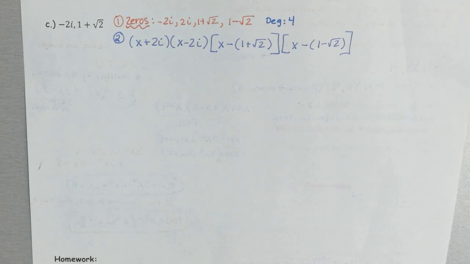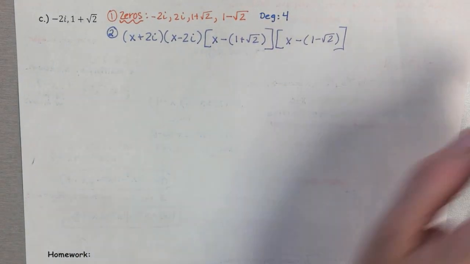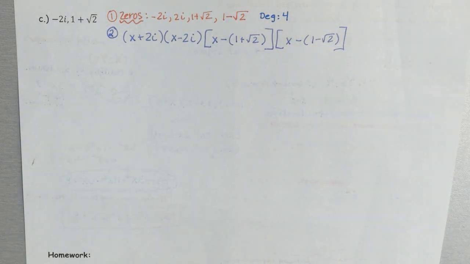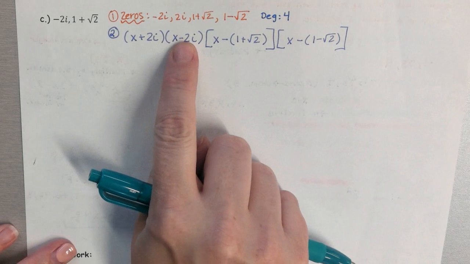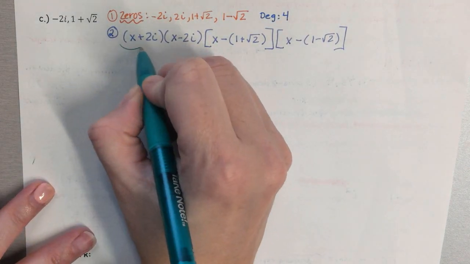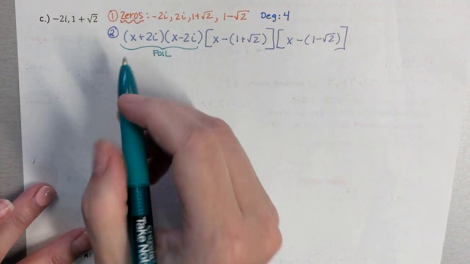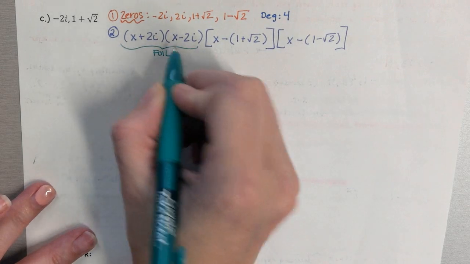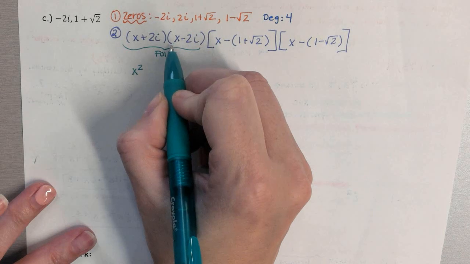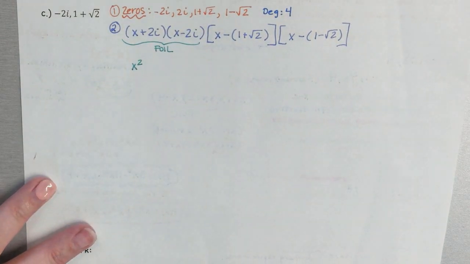Okay, now if you want to, we can simplify this part first and then we can come back to this. When you're multiplying, you always want to multiply any conjugates together first. And that means I wouldn't want to multiply this by this, okay? When you multiply these two together, it's going to make your life a lot simpler. And we can just FOIL. Remember when you multiply conjugates, the first times the first, that's going to give you x squared in this case. But in the center, plus 2ix and minus 2ix, because it's a conjugate, those should cancel out.